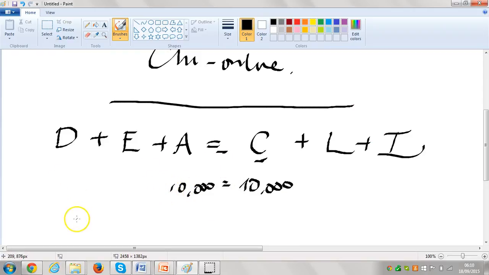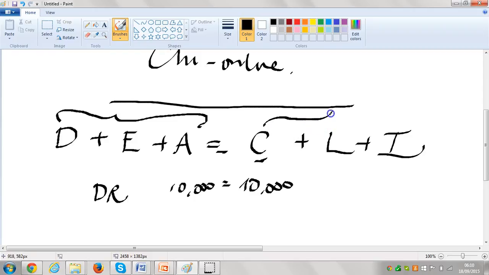Now, the accounting language says that when anything on this side goes up, we debit it. When anything on this side goes up, these are just opposites really, we credit it.